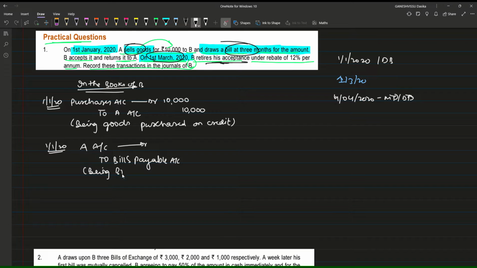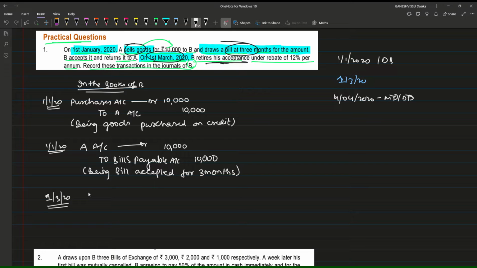Being bill accepted for 3 months. And the third entry is on 1st March 2020.